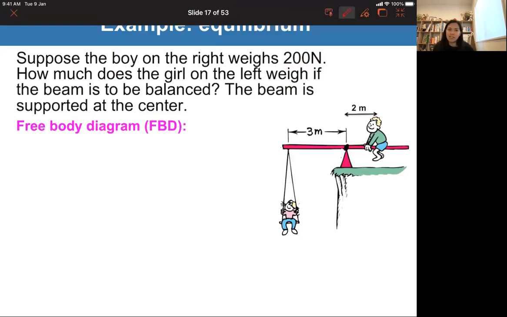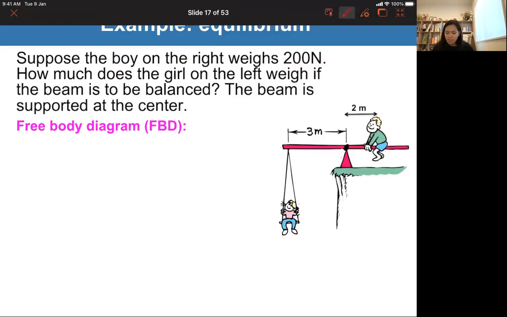Is it the boy, is it the girl, or is it the beam? What do you think? What's the object in this case?